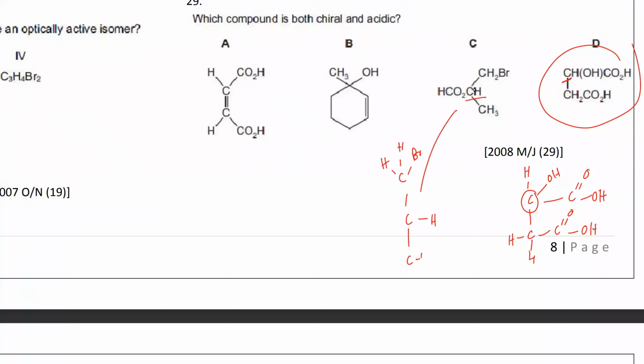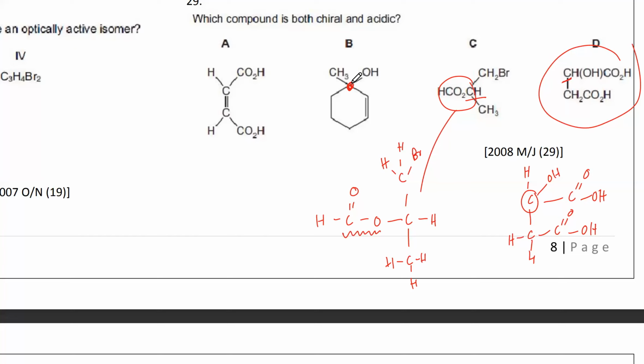Now remember this: whenever you have two oxygens between carbon atoms, like this, two oxygens and there's an H, that is an ester, not a carboxylic acid. So although this one is also chiral, it doesn't have a carboxylic acid.